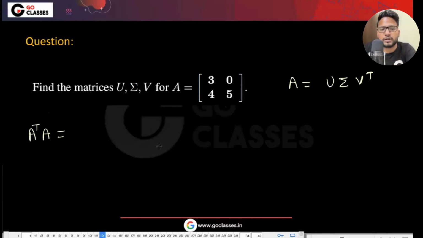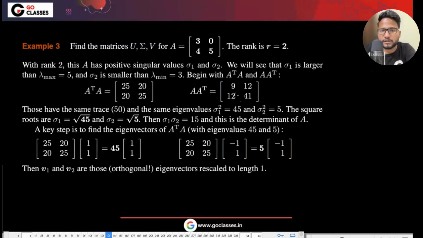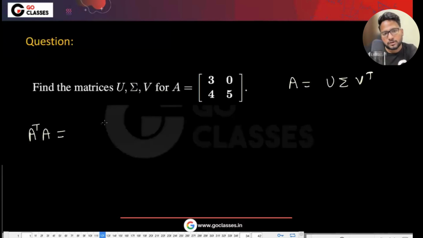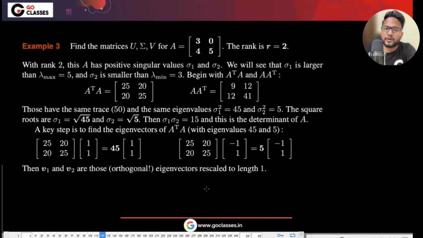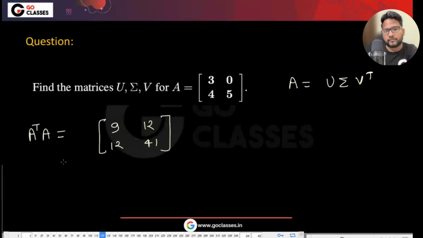Let's quickly see the A transpose A at least. This is 9 12. I'm cheating a little, but I hope that's fine. It's just a calculation, so I'm writing it. This is A transpose A. The eigenvalues are actually coming out to be 45 and 5.